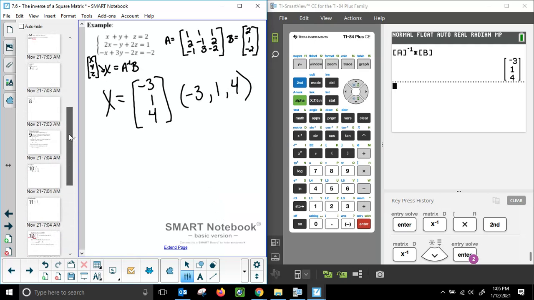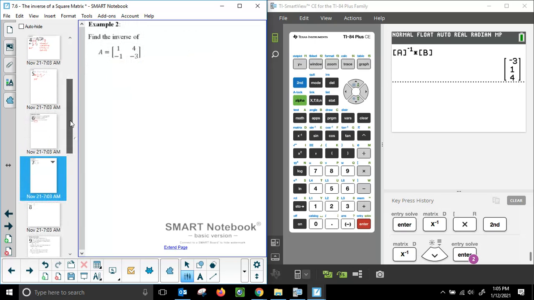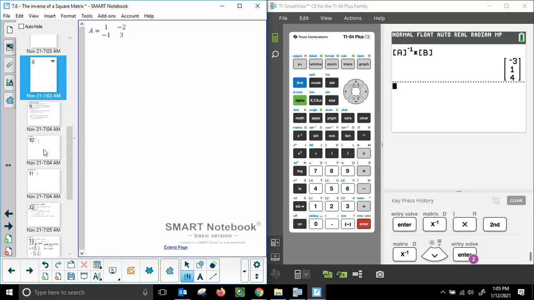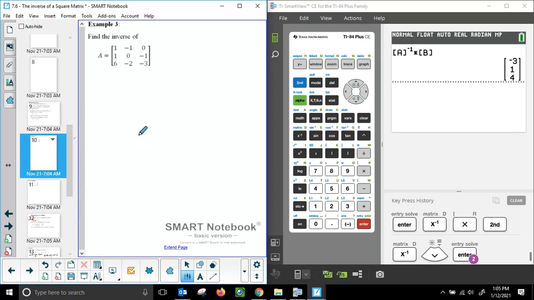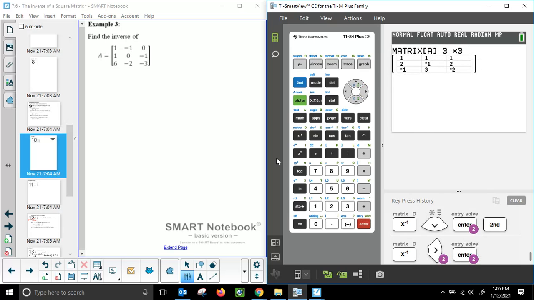One other thing that I do want to show you. If we want to find the inverse of a matrix larger than a 2 by 2, remember we have that nice formula for a 2 by 2, but if we want to find the inverse of a larger matrix, we can just go here. We can edit matrix A. It's a 3 by 3 again.